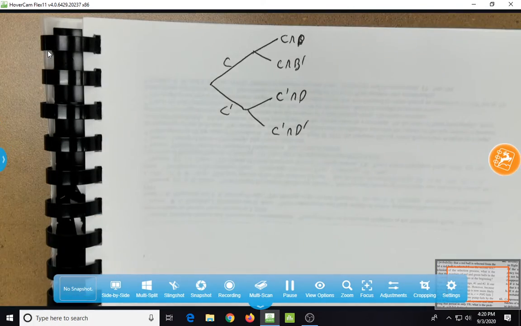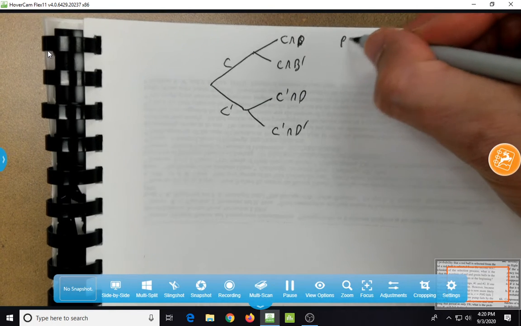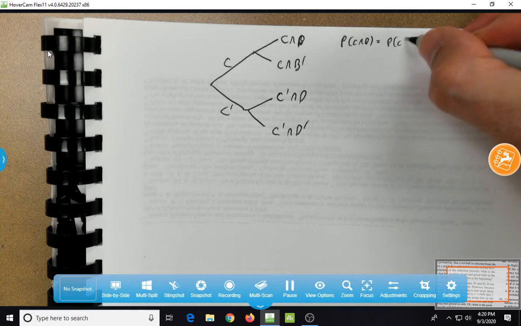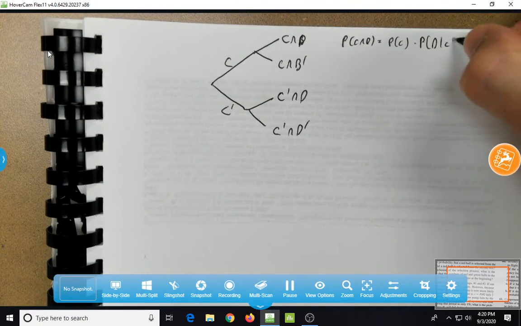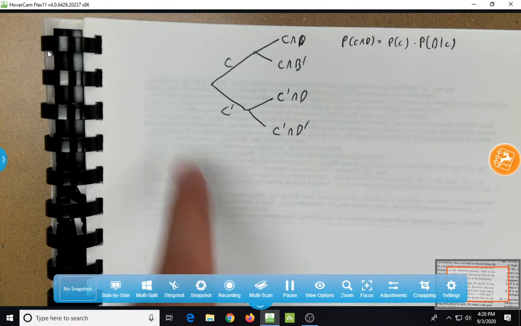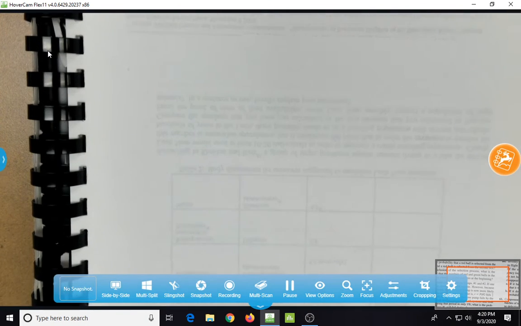That's if we just had two. And so what that would tell me is the probability of C intersect D is equal to the first one. Well, what's the probability I get a C? And then given that I got a C, what's the probability that I'll get D? That's our setup for the tree method. And let's write this out.